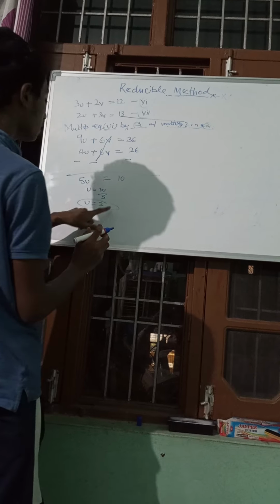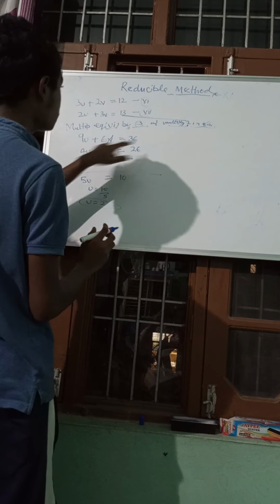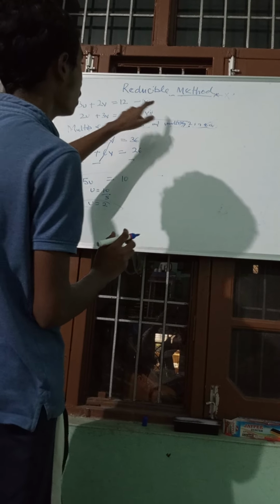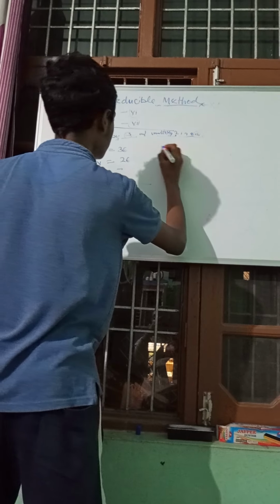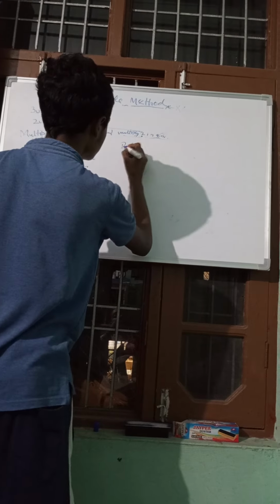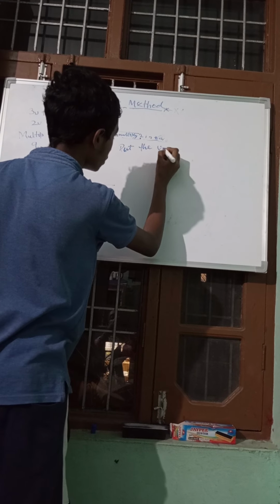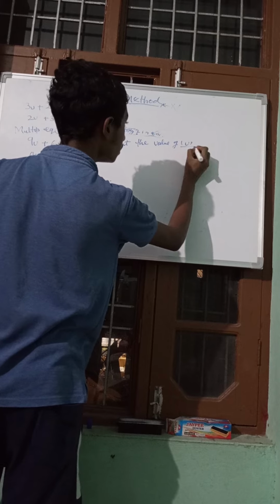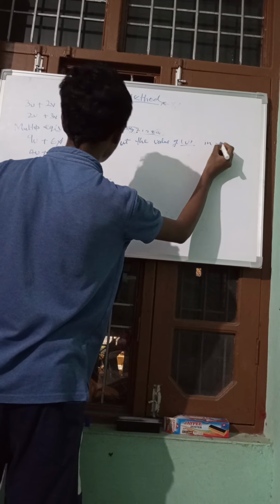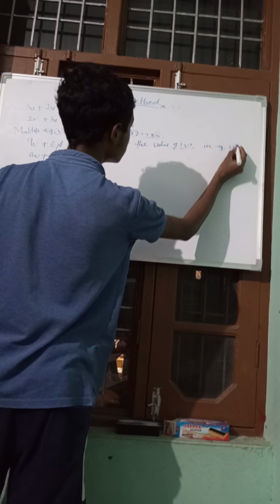So we will put the value of u in equation 7, which we have found and which has been written over here. We have to put the value of u in equation 7.